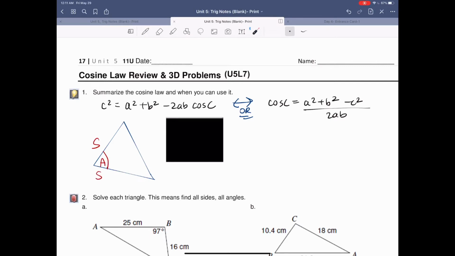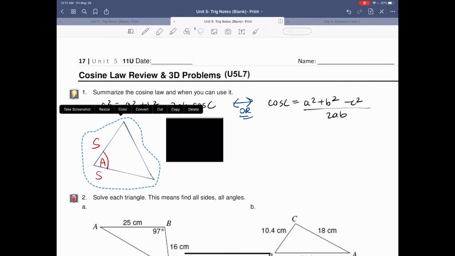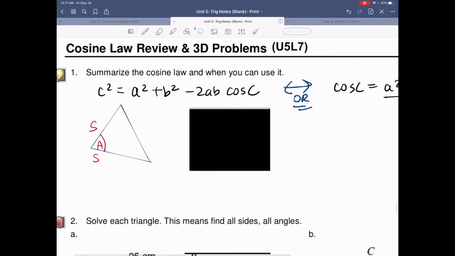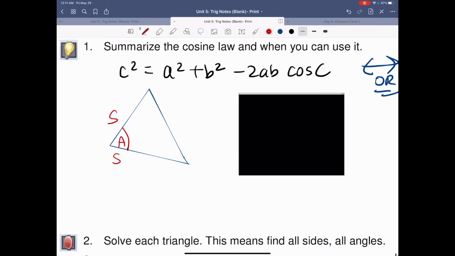So for example, if you have a side and this angle and this side, that is not a true side angle side, because the order matters, and it matters that it's the sides that are umbrellaing or sheltering the angle. And by solving for these, you are finding the other side.